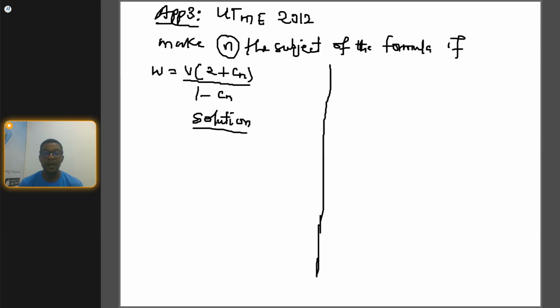All right, so how do we make n the subject of the formula? We have W equals V in brackets 2 plus Cn, close the bracket, over 1 minus Cn. Looking at this expression, the first thing that comes to our mind is that both the n and the n are not in the same place, right? They are in different positions, yes or no?